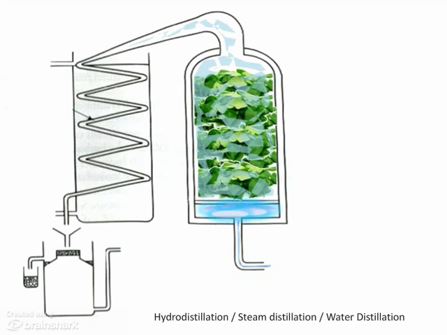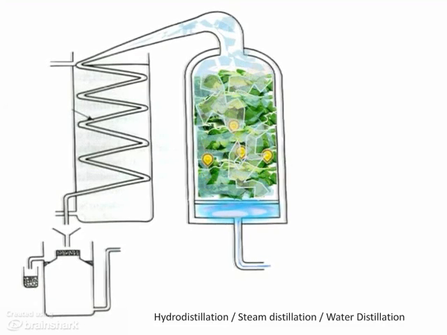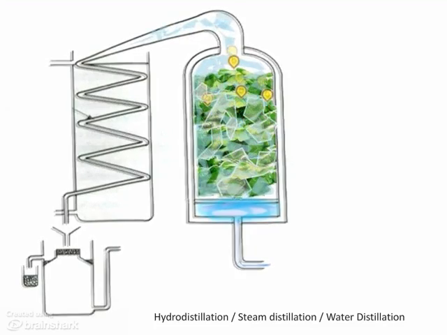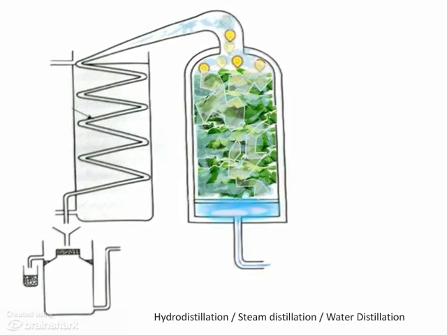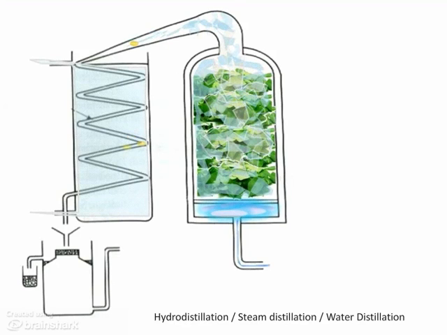It is important to note that steam alters some of the components within an essential oil. Some of the polar components from the plants dissolve in the water, producing floral water.